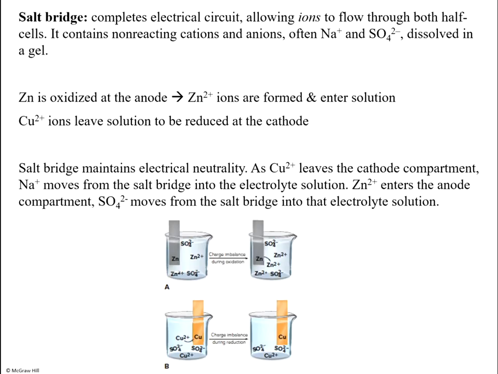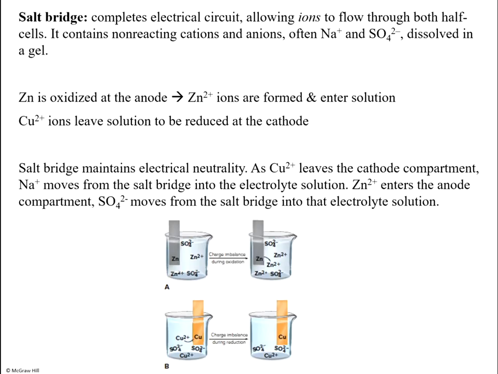And so when the zinc is oxidized at the anode, the zinc 2 plus ions are formed and enter solution. And of course, on the other half reaction, copper 2 plus ions leave solution to be reduced at the cathode. So the way we achieve electrical neutrality on the zinc side is that we have to account for that zinc positive charge. The sulfate will move from the inside the salt bridge into solution to counterbalance the zinc charge.